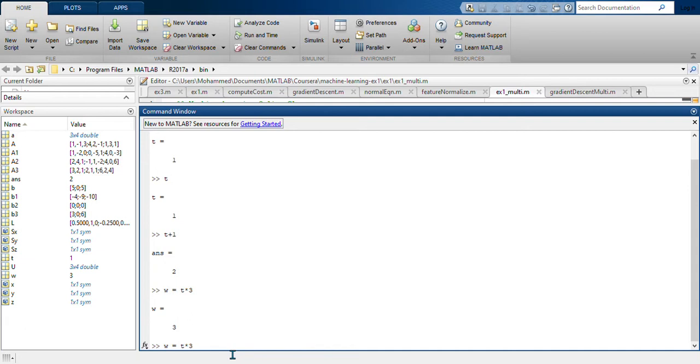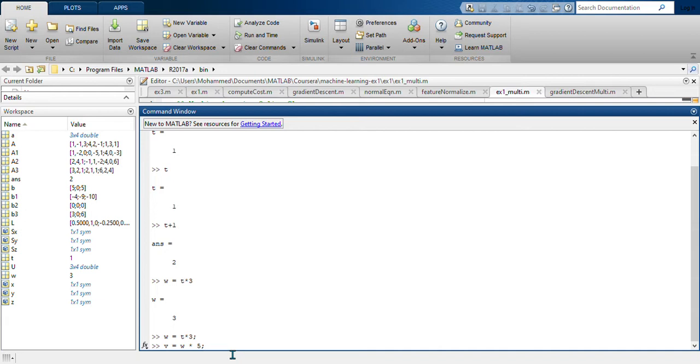Now if I put a semicolon in the end, it will calculate the value and keep it in w, but it will not show it on the screen. So let's say we create another variable, v equals w into 5, for example, and we put a semicolon in the end.